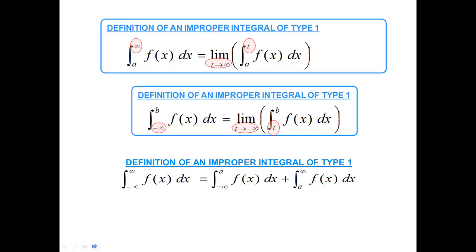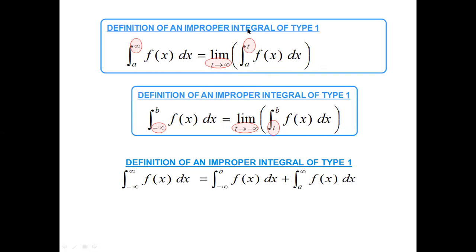Okay? Now, the definition. You have an infinite limit here. This is equivalent to saying that you will evaluate the integral as t approaches infinity. You notice that the infinity here was changed to t. It's just like taking this integral with the limit that t approaches infinity.